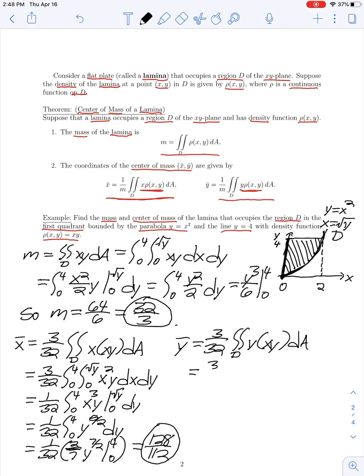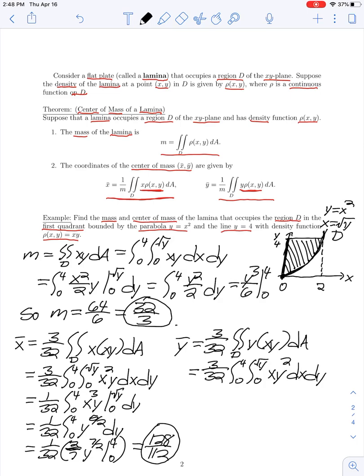We have 3 over 32, and setting this up as an iterated integral, we could go from 0 to 4 along the y-axis, and x is bounded by 0 and root y. The integrand is now x times y squared in the order dx dy.